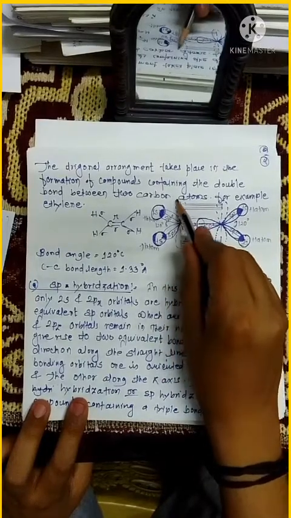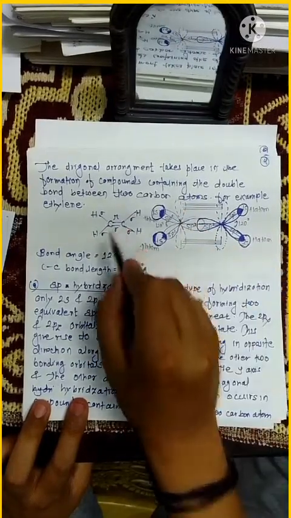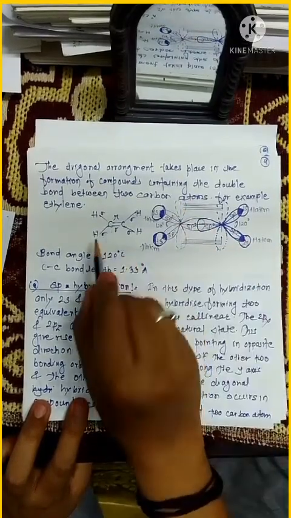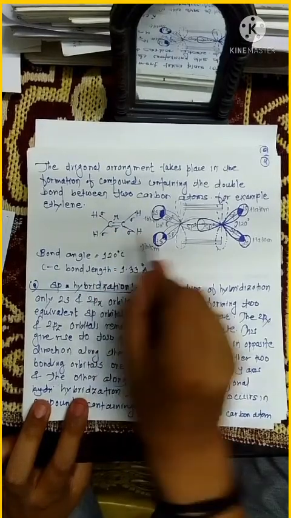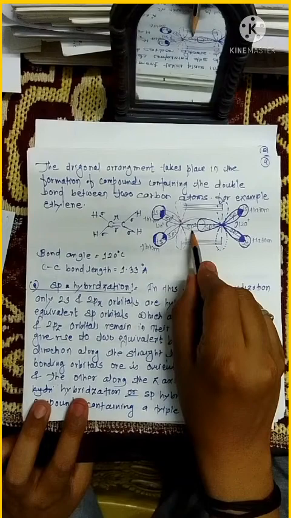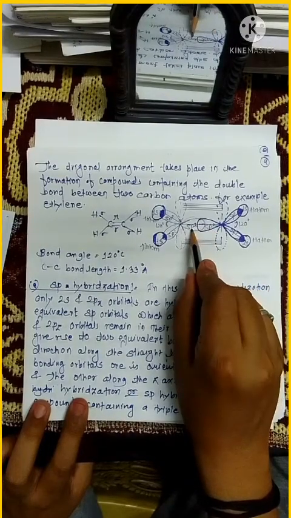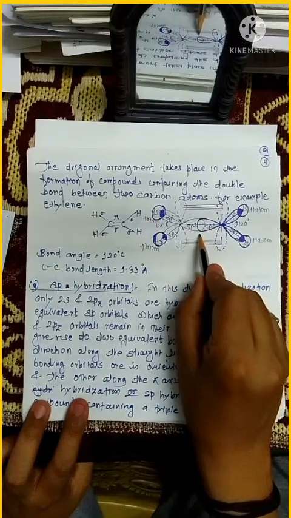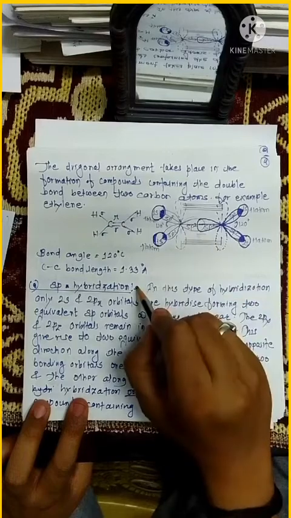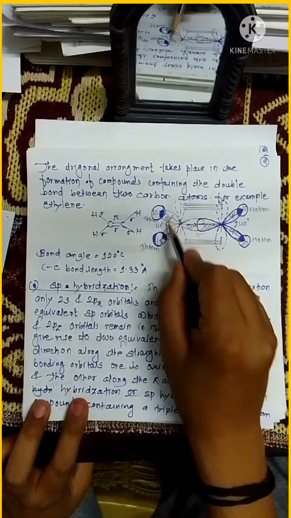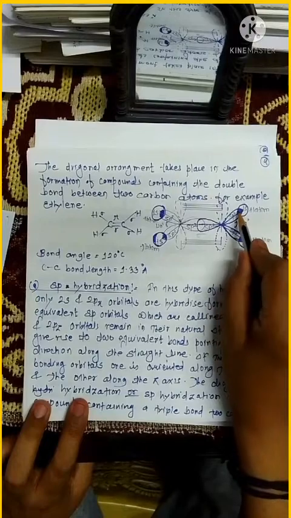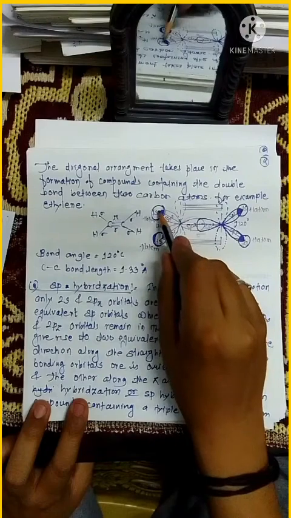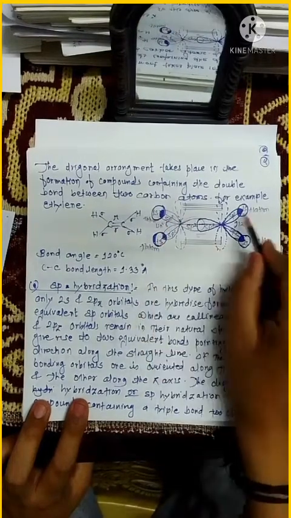The unhybridized orbital, that is the 2pz orbital in both the carbons, is shown with a dotted line. In this case, this carbon and this carbon form a sigma bond as the sp2 orbitals overlap with each other. These sp2 hybrid orbitals overlap with the 1s orbital of your hydrogen.